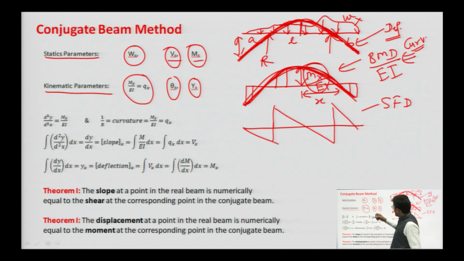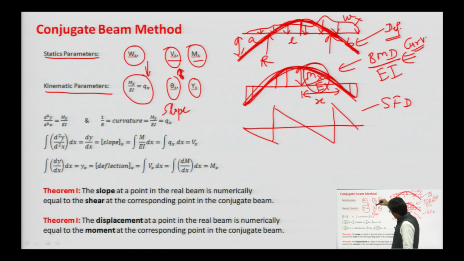Now if we replace the bending moment with the curvature, meaning bending moment divided by EI, then loading is replaced by this, and theta x means slope.